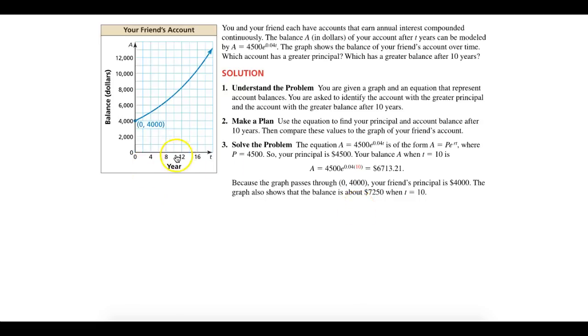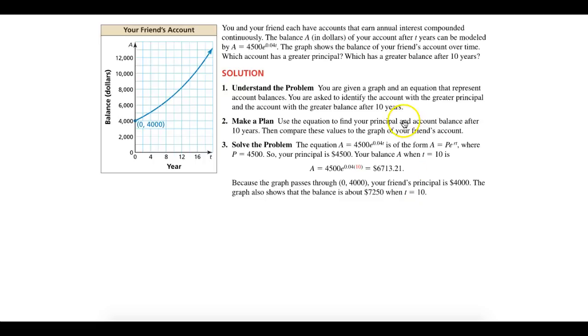Also, when the year equals 10, we can go up the graph and see that it's greater than 7,000. It's about 7.25, so about 7,250 when t equals 10.